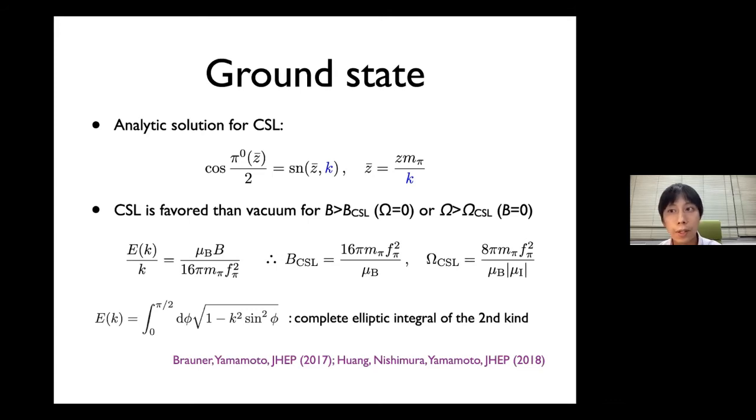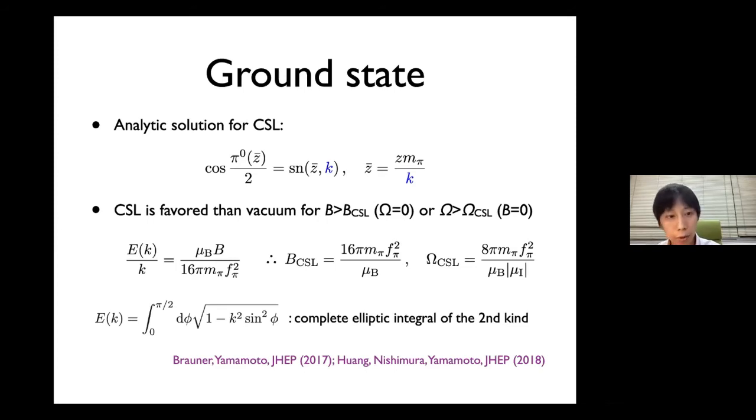In order to fix this elliptic modulus k, we have to minimize the Hamiltonian in terms of this parameter k. And from that procedure, we get this identity. Here E(k) is the complete elliptic integral of the second kind. So this condition provides us an optimal elliptic modulus k for a given baryon chemical potential and magnetic field.